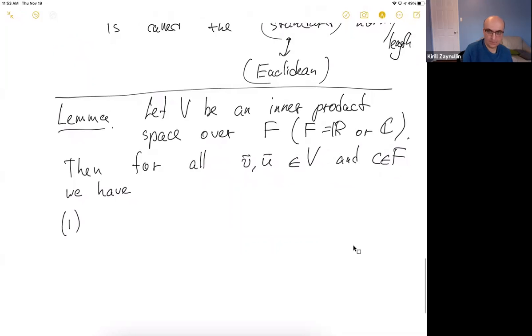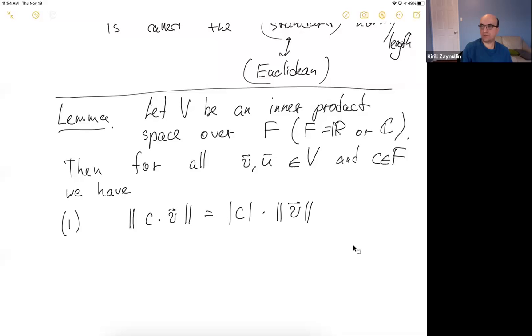One, if you want to compute the length or norm of the scalar multiple of a vector, this is the absolute value of c times the norm of v. What is the absolute value of c?